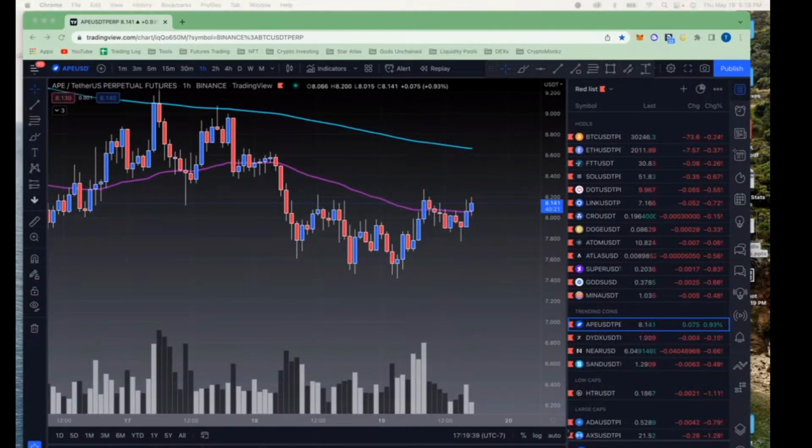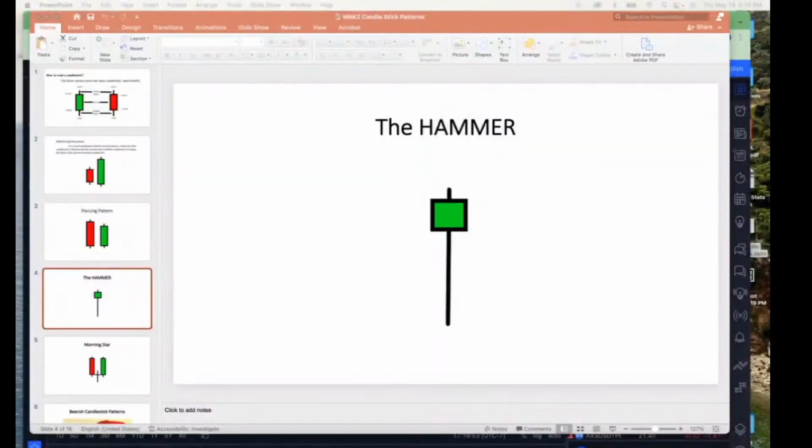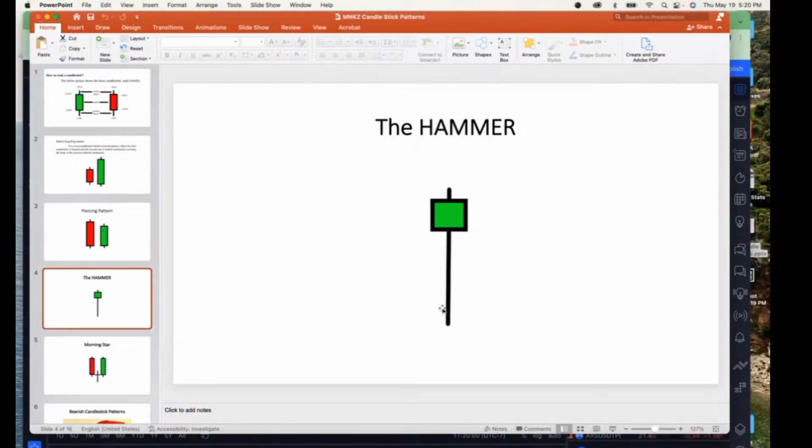The next one that I want to talk about, and this is my favorite one, is called the hammer. It's very easy to remember because it literally looks like a hammer. This is a single candlestick pattern, which has a huge wick right down here. What that means is the bears or the sellers tried to push the price down as much as they could, but then bulls stepped in really quick within that same candle.